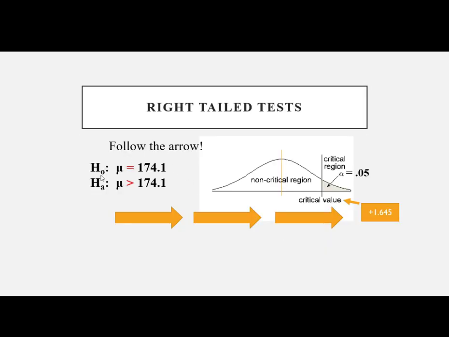So if my null hypothesis is that mu is equal to 174.1, and my alternate hypothesis is mu is greater than 174.1, this is a very handy indicator to tell you which way to look. So it's a right-tailed test, and we're putting all the probability in the right tail. So we're looking at the critical value of 1.645 and the probability value of 0.05.